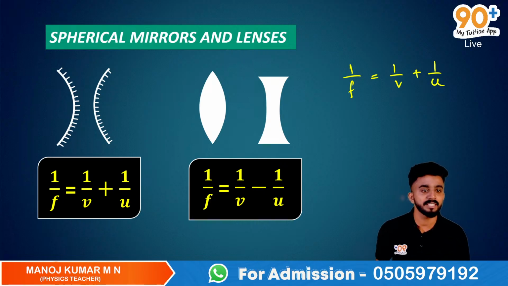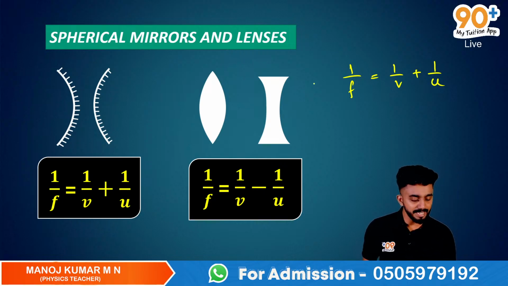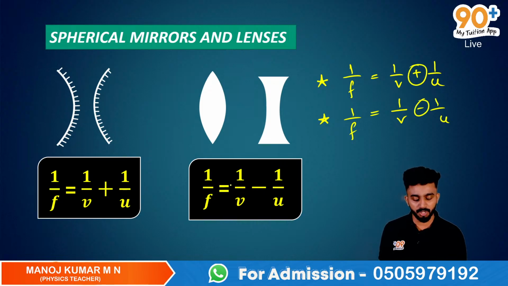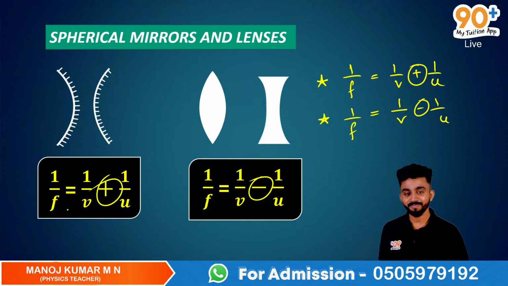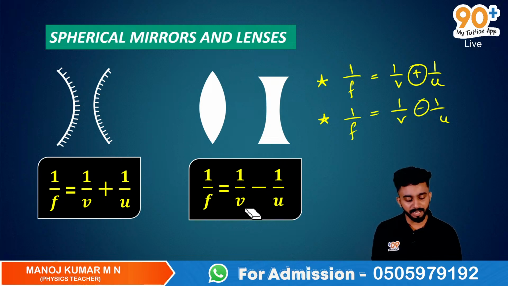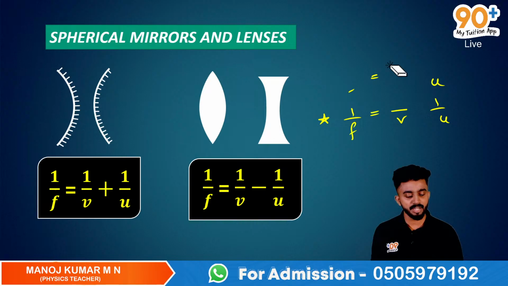In the case of lenses, it is 1/f = 1/v minus 1/u. See the difference in sign over here. The signs are different. That is the major difference between the mirror and lens equations.